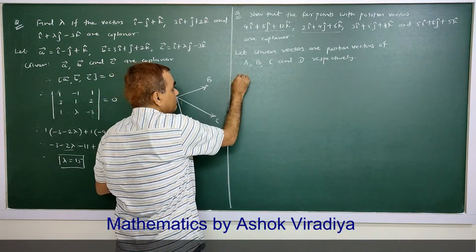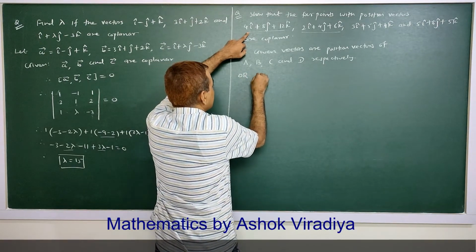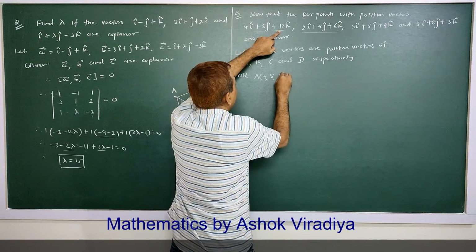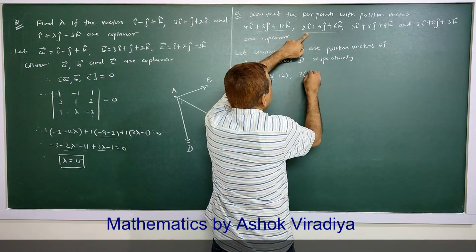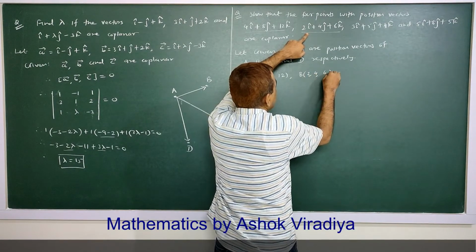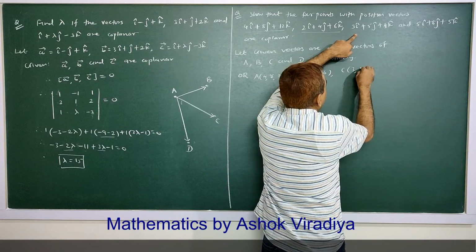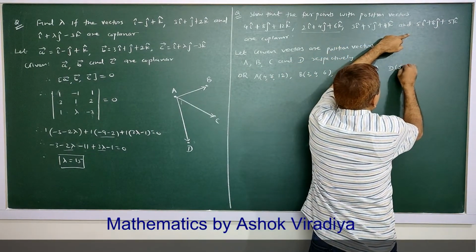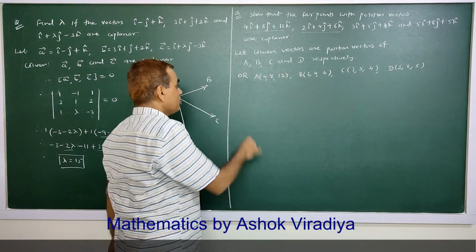We can also say that the coordinates of A are 4, 8, 12, coordinates of B are 2, 4, 6, coordinates of C are 3, 5, 4 and coordinates of D are 5, 8, 5.